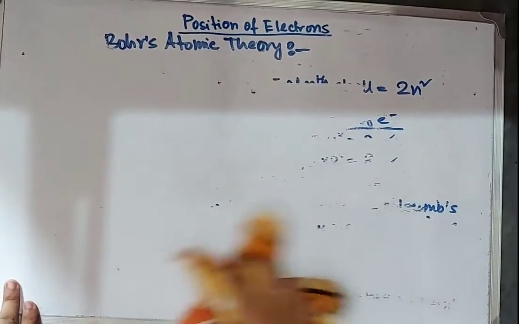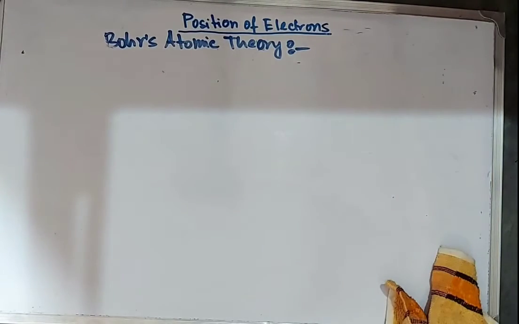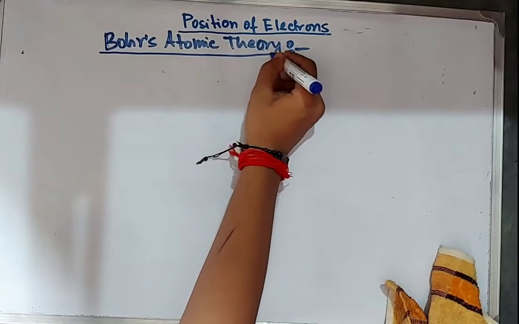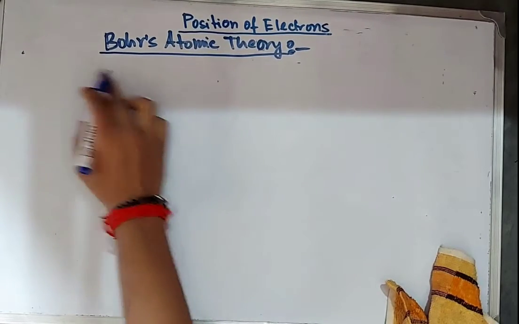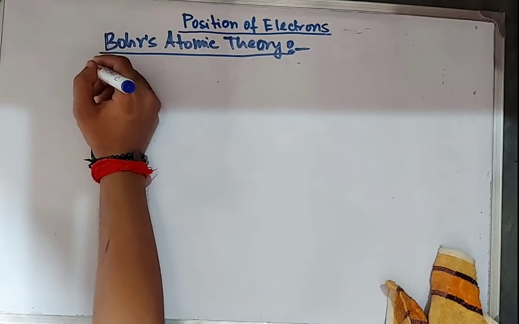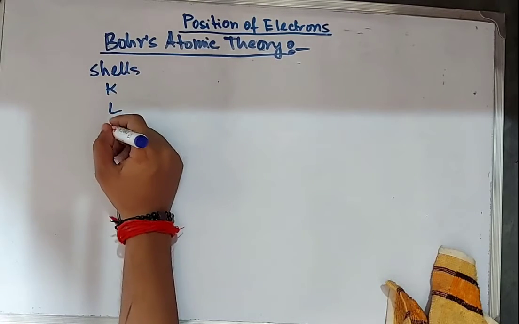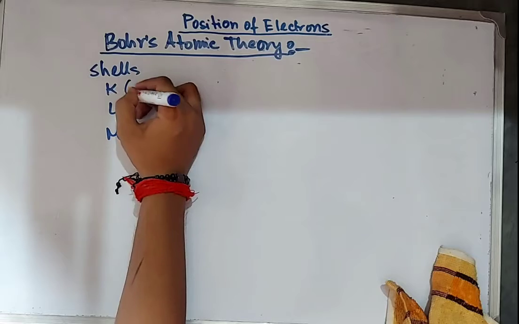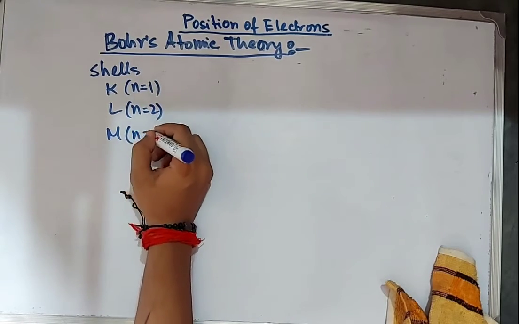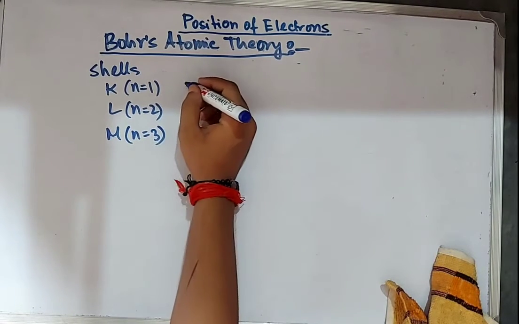So right now I will talk about the subshells. In Bohr's atomic theory, it is stated that all these shells, K, L, M, n equal to 2, n equal to 3, can be divided into some subshells.